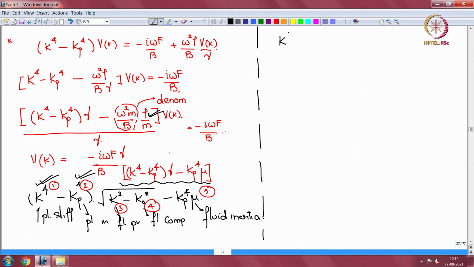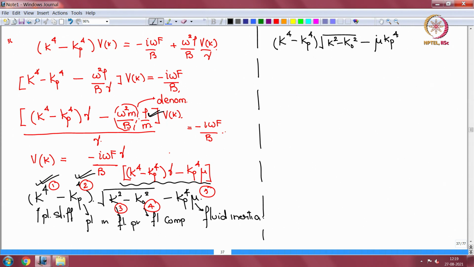We have k fourth minus kp fourth, square root of k square minus k0 square minus mu kp fourth. Okay, that is the denominator.